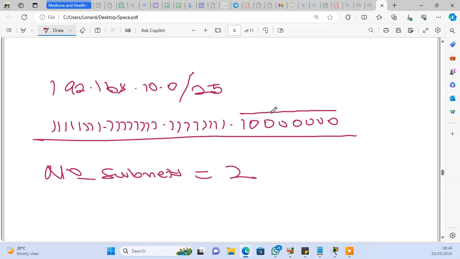How many bits have encroached this host portion? It's 1. So the borrowed bits here, we have 2 power 1, and this gives us 2.